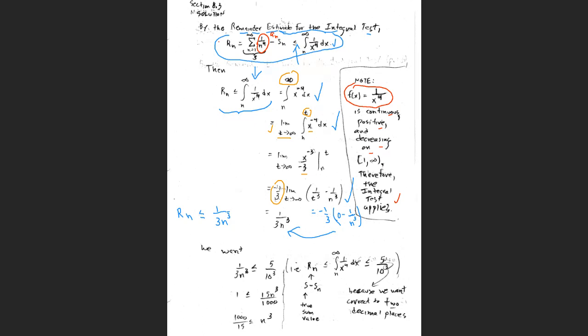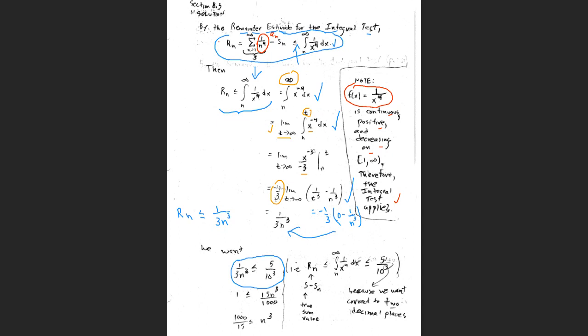Now in our problem, are there any questions on that? All right, well, in our problem, we want to estimate the series correct to 2 decimal places. This means that we want to set our 1 over 3n cubed to be less than or equal to 5 over 10 cubed.